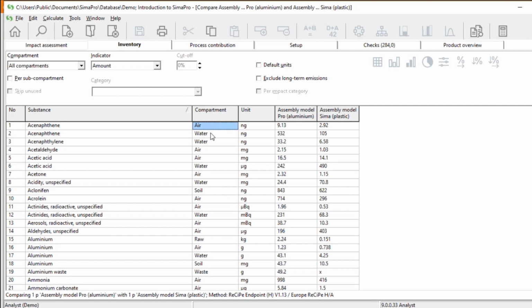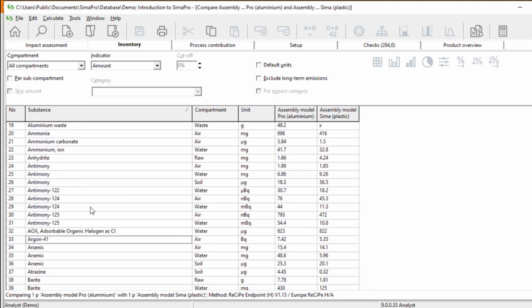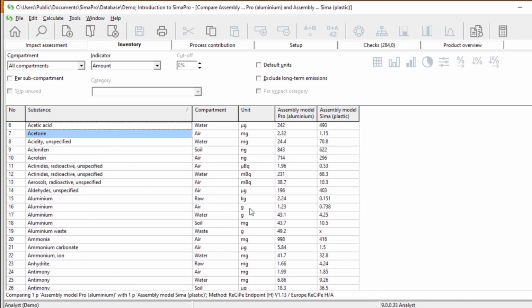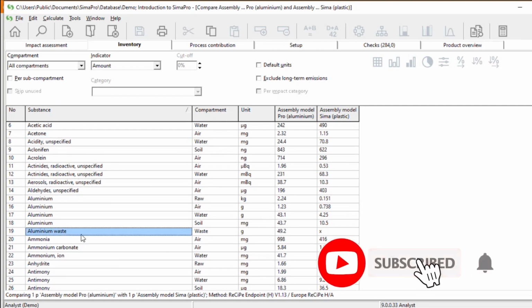Okay, impact in the air, this is 9.13, and this plastic has an impact of 2.9 nanogram, I believe, on air. Okay, and there are hundreds of substances here, so you can check all details in terms of nanogram, microgram, milligram, and so on, like aluminum waste.